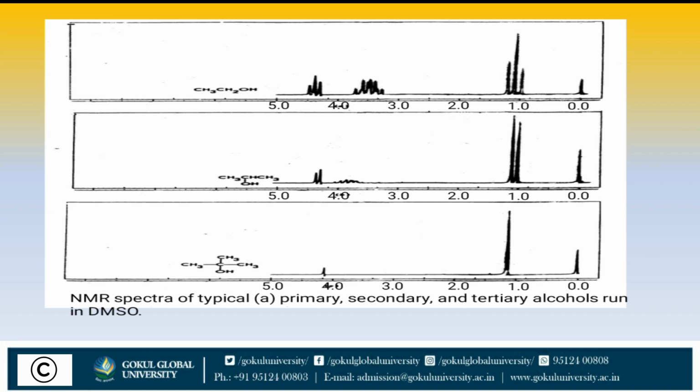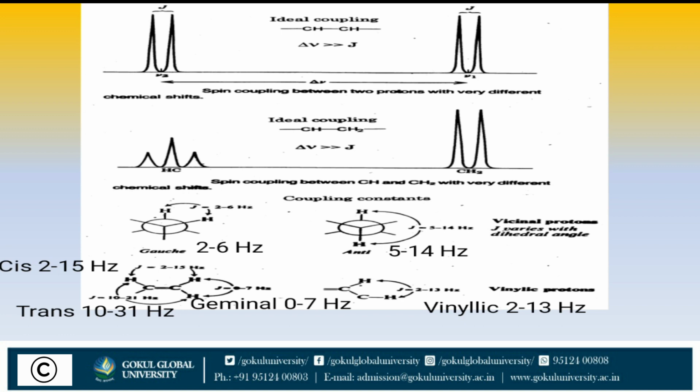Tertiary butanol is also an example. Here the OH group gives a signal at 4 theta, and all these similar protons give one CH3 group at 1 point, meaning 0.9 or nearby 1. The NMR spectra of primary, secondary and tertiary alcohols in DMSO. This DMSO is dimethyl sulfoxide. So these are ideal couplings.